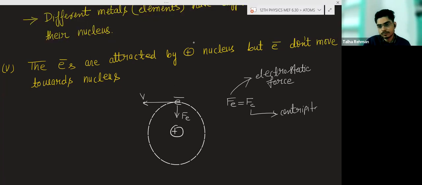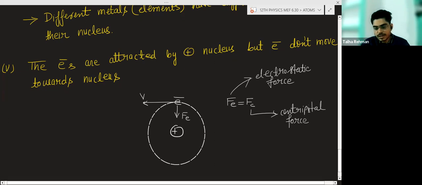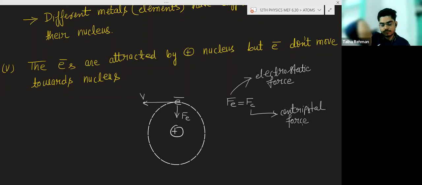Centripetal force. And what is the centripetal force? Centripetal force is the force required by a body to move in a circular path. You studied it in 11th class, circular motion. If anything is moving in a circular path, centripetal force is a must.